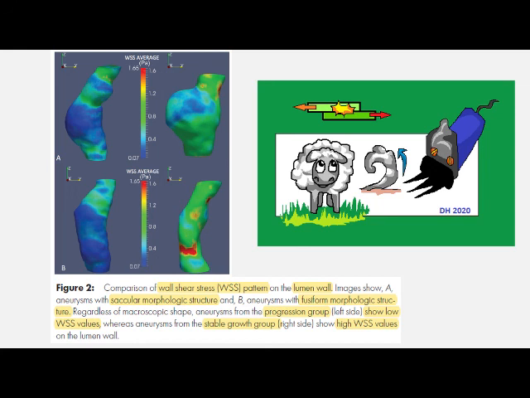So this is regardless of the morphological structure of the abdominal aortic aneurysms. The physical principles are clearly reflected, and the statistics are coherent with the theory that is really being proven: when you have a lower shear stress on the surface of the abdominal aortic aneurysm, you have a risk of a higher rate of progression.